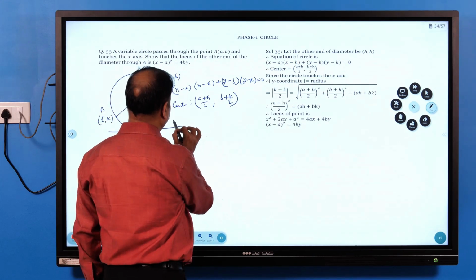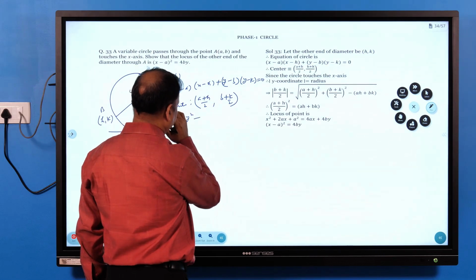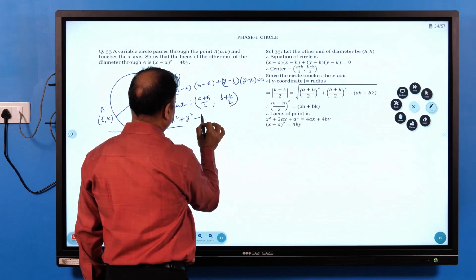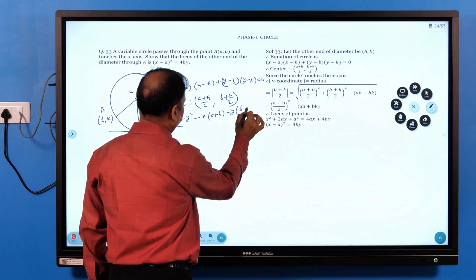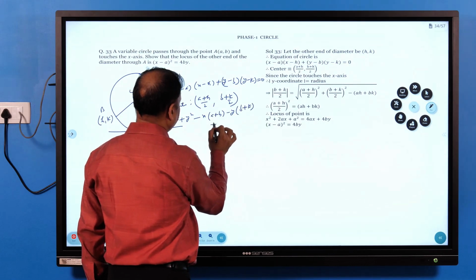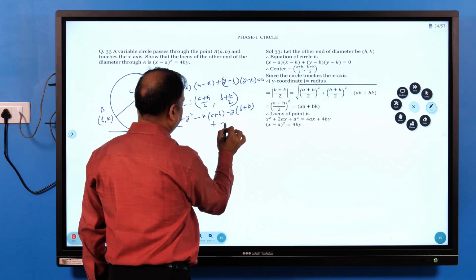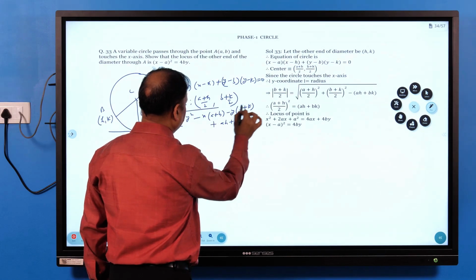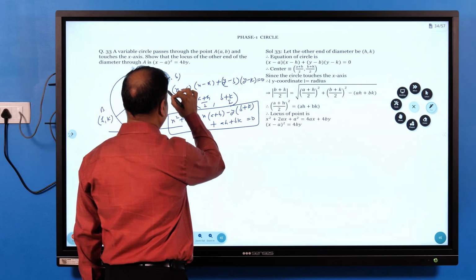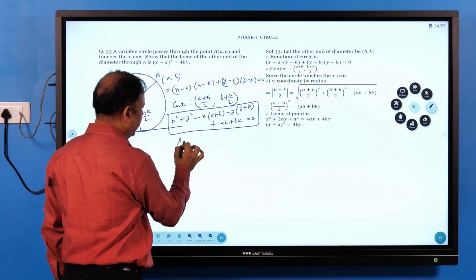So x square plus y square minus x(a plus h) minus y(b plus k) plus ah plus bk is equal to 0. This will be the equation of the circle if you expand it completely. So what will be the radius of this?